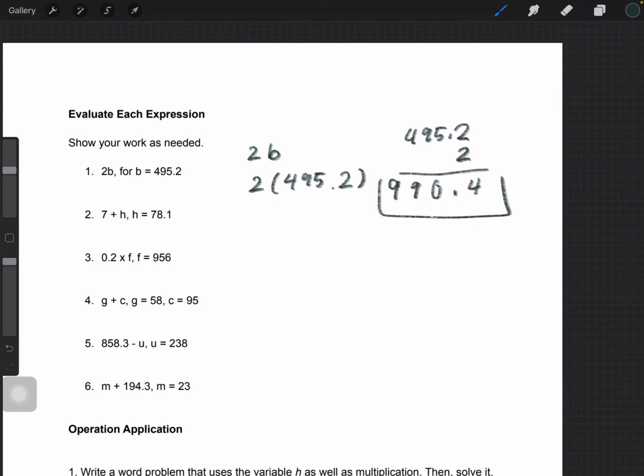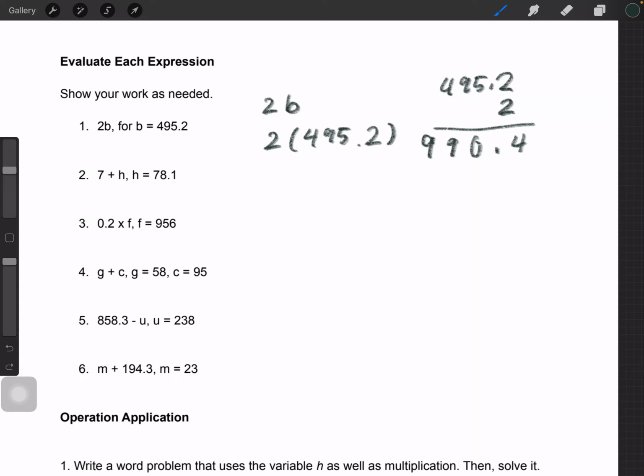This would be our answer. Then we can do simpler ones. Like number 2 is 7 plus h, and h is equal to 78.1, and then this would just give us 85.1.